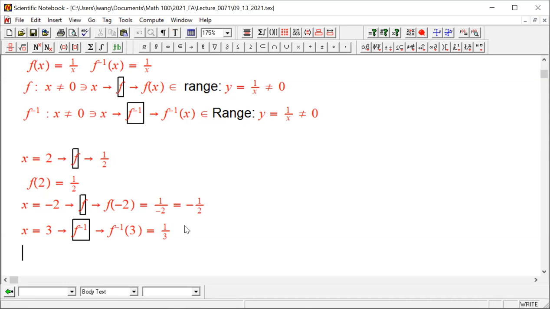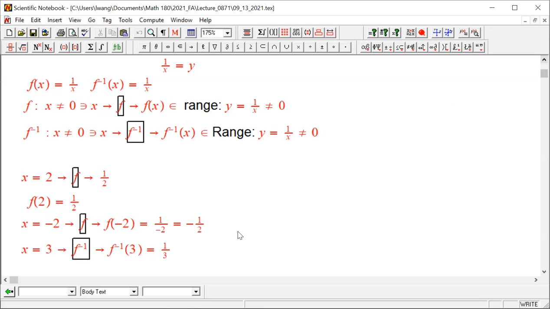So now, let's do a few more. Suppose I take this input -12. -2 is in the domain of F inverse, isn't it? Because F inverse has a domain of any number but 0, right?